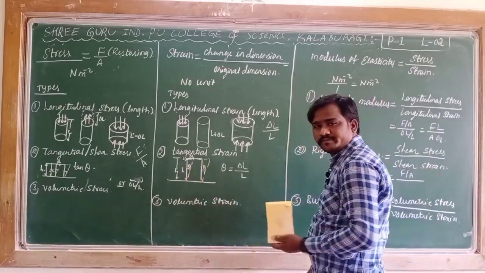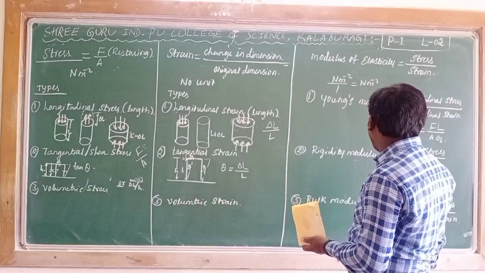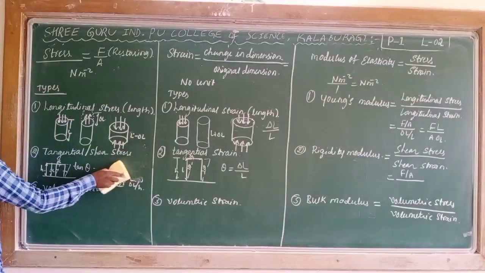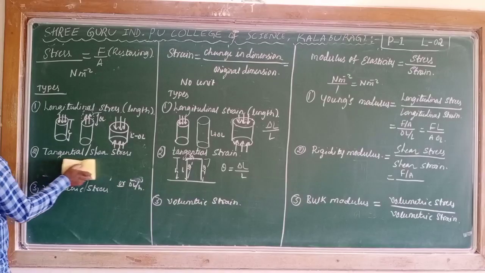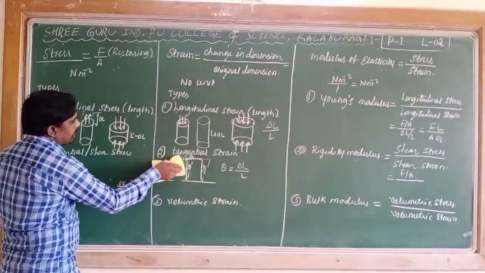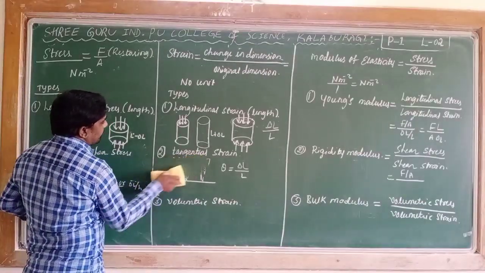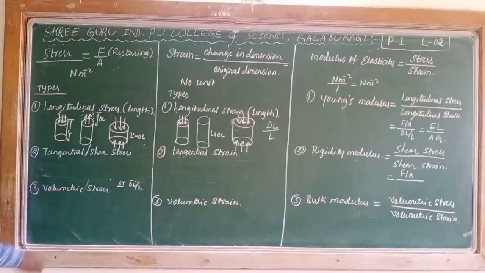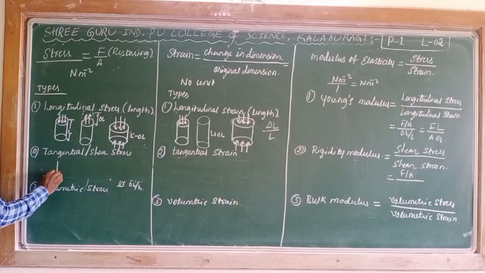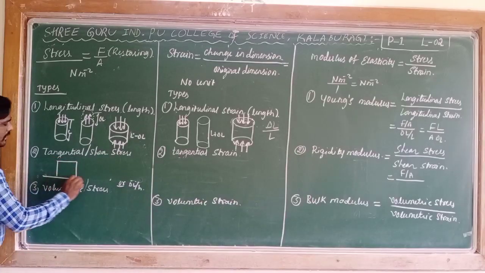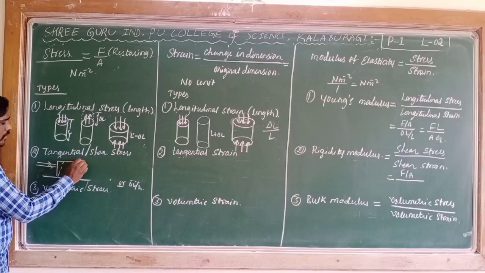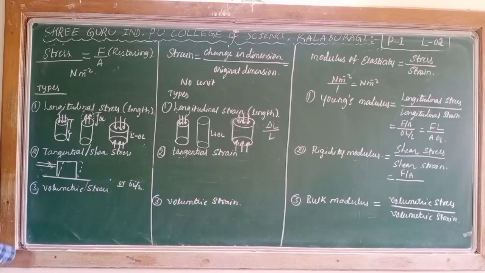Strain means, let's consider once again. Now the second one, that is tangential stress. Here also force is acting on a particular solid body. The force acts parallel over the surface of the body. Because of this force, the body shape is going to change.